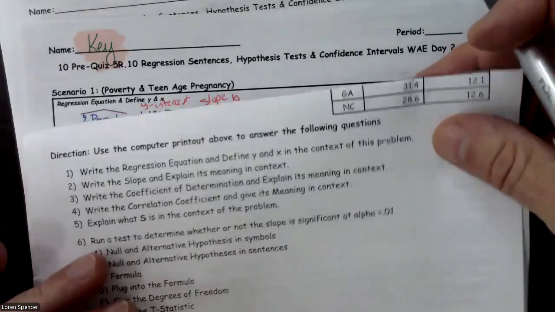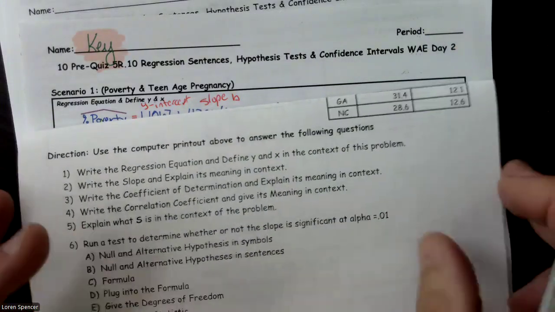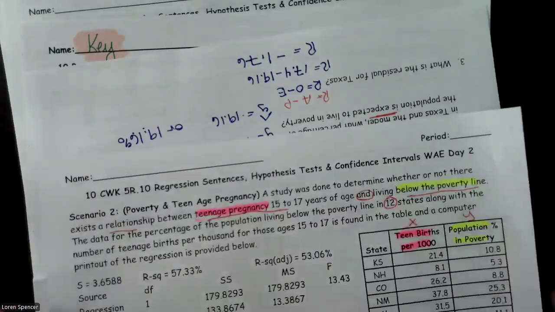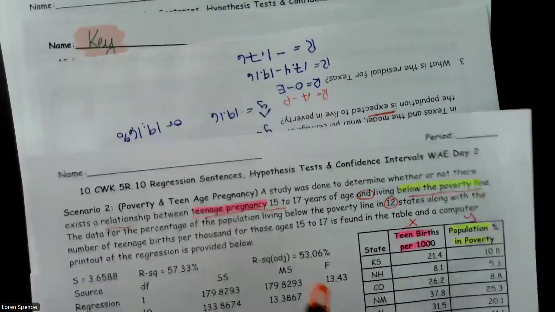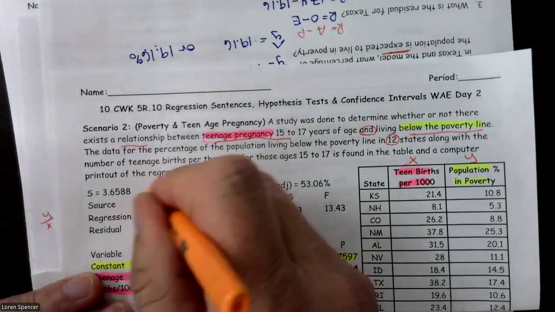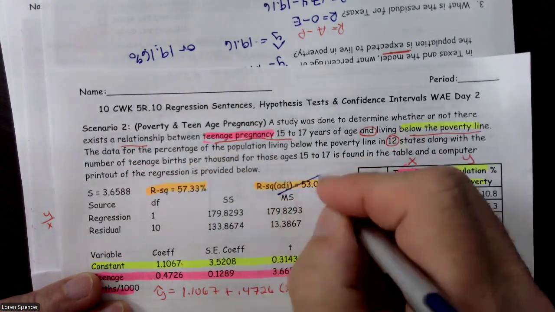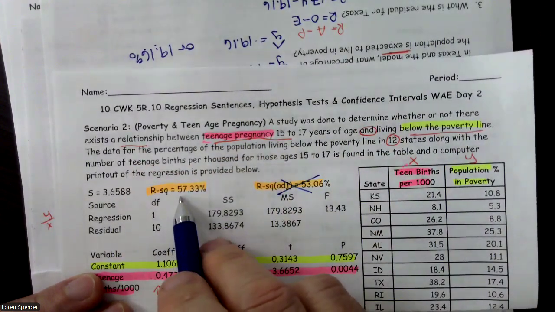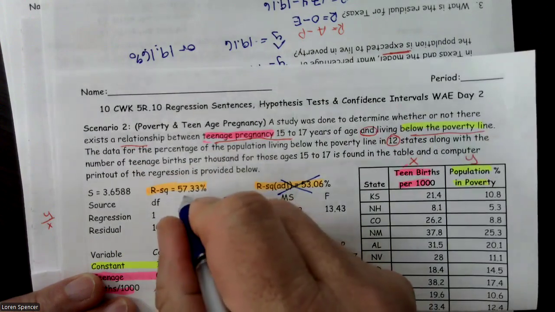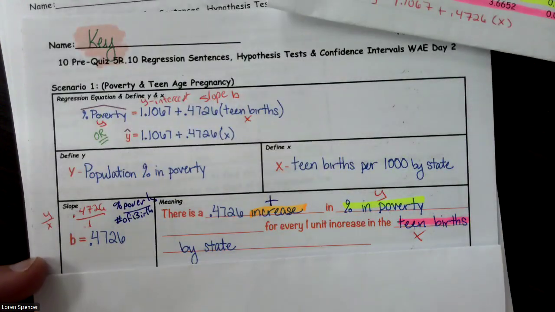All right, so we've taken care of the slope. The next thing it asks for is to write the coefficient of determination and explain its meaning in context. When I look at this table, I don't see it anywhere, but I know the coefficient of determination is R squared, and in this class we'll never use the R squared adjusted. So our coefficient of determination, our CD, is 57.33%.